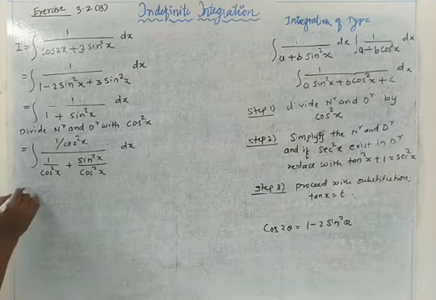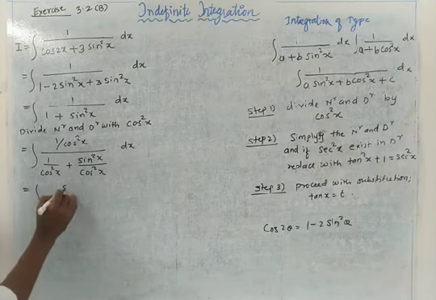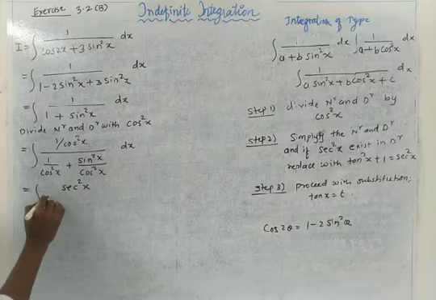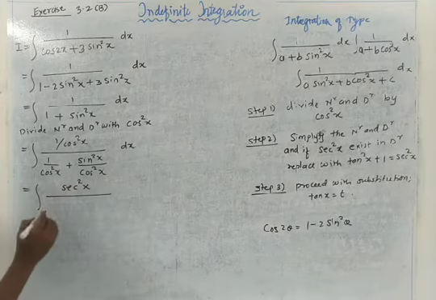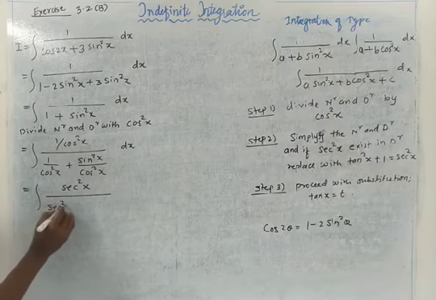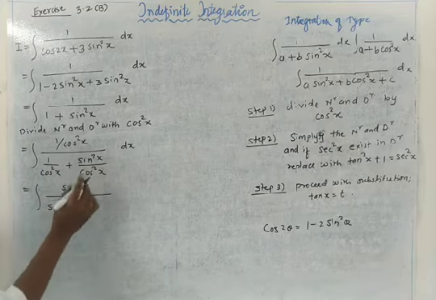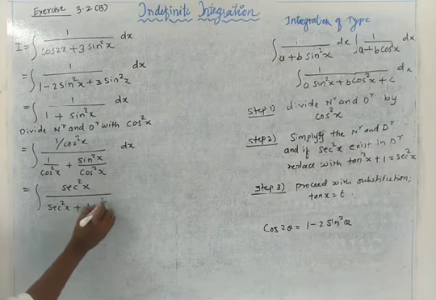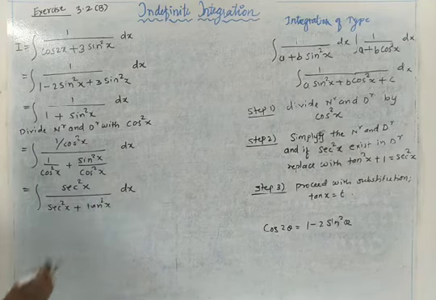Now 1 upon cos square x in the numerator becomes sec square x, and in the denominator 1 upon cos square x becomes sec square x plus sin square upon cos square becomes tan square x dx.